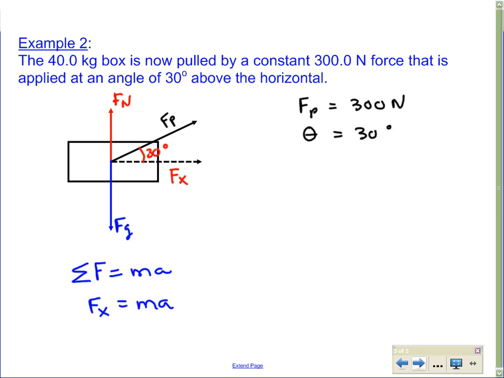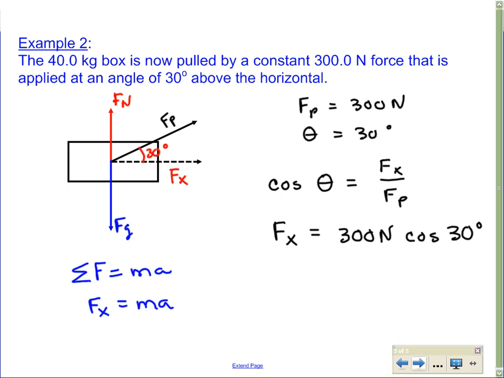So to find Fx, we can use our cosine function. Cosine of theta will be Fx over the pulling force. So rearranging as well as plugging in some numbers, I get Fx is equal to 300 newtons times the cosine of 30 degrees.